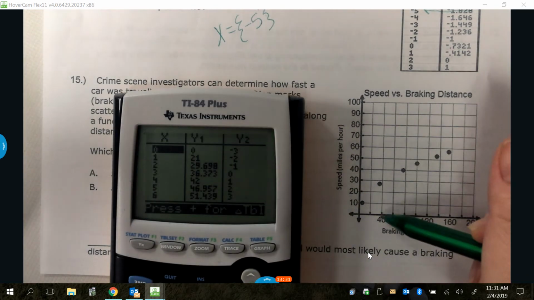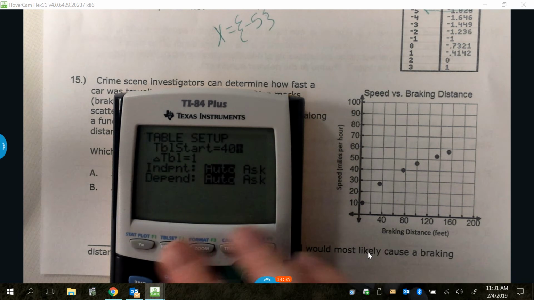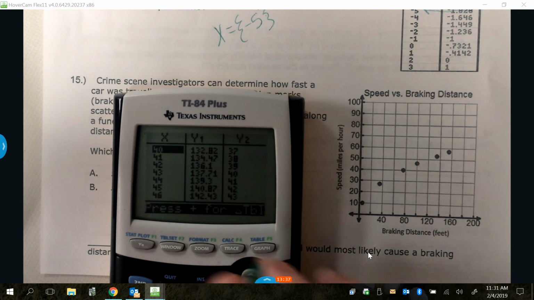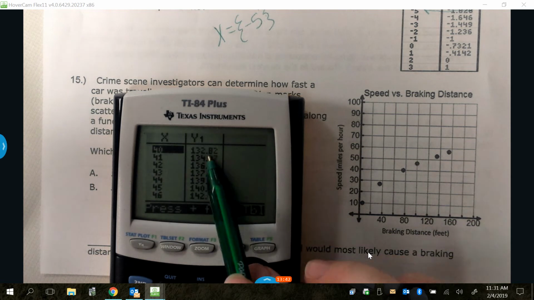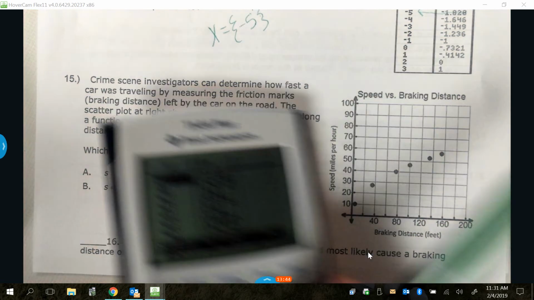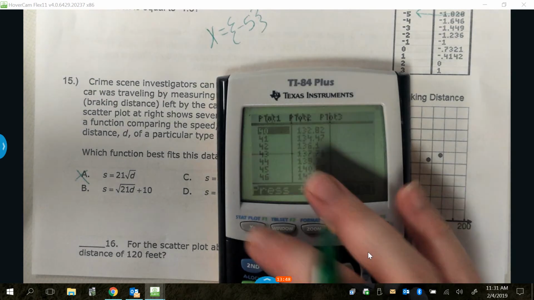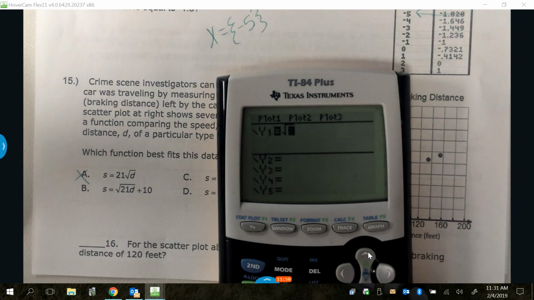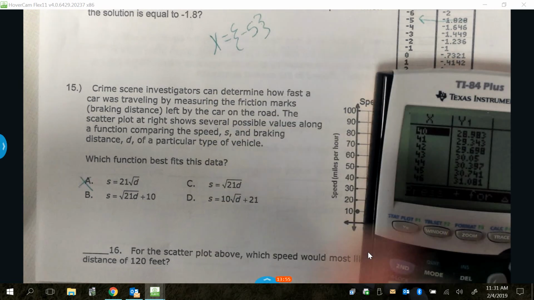So we have a point at like 40 and 30. No, that's way off, so we know it's not A. Then we could try the next one. That's about 40 and 30, so this one is a maybe.